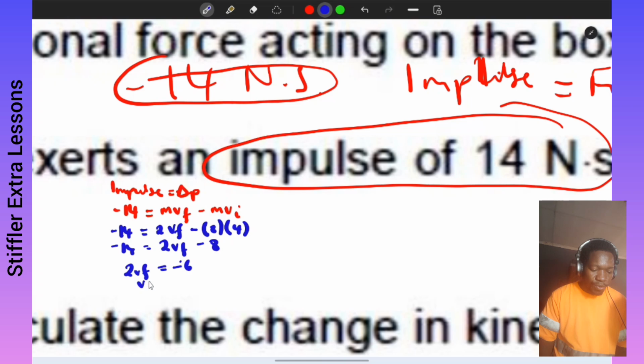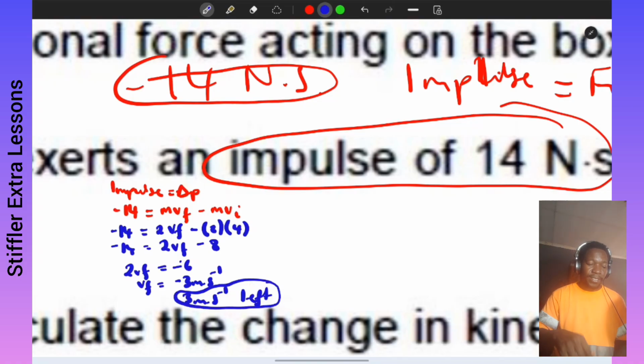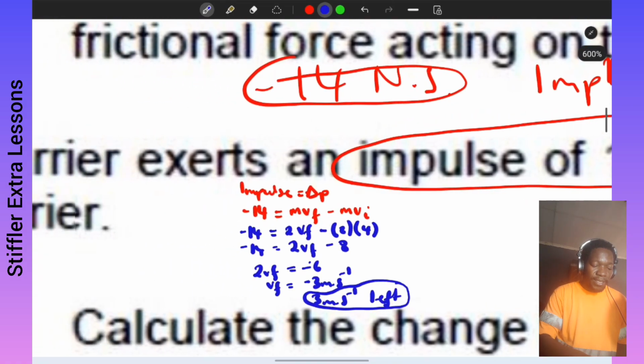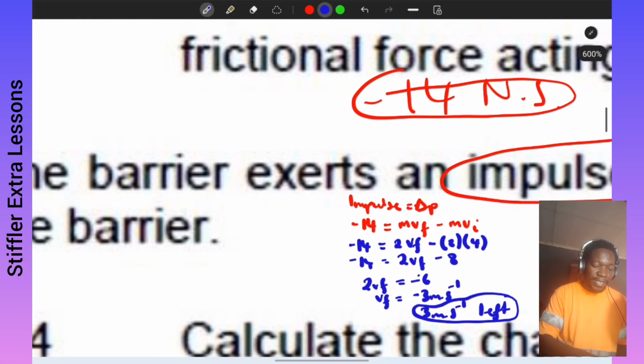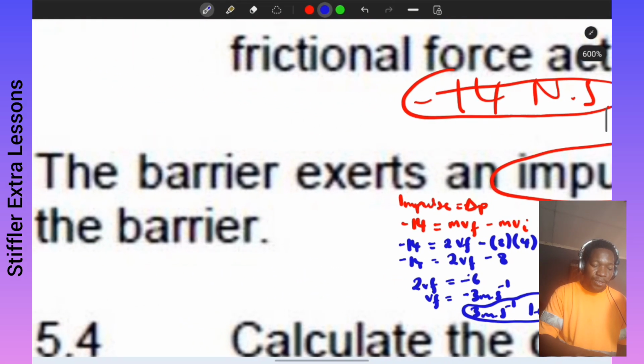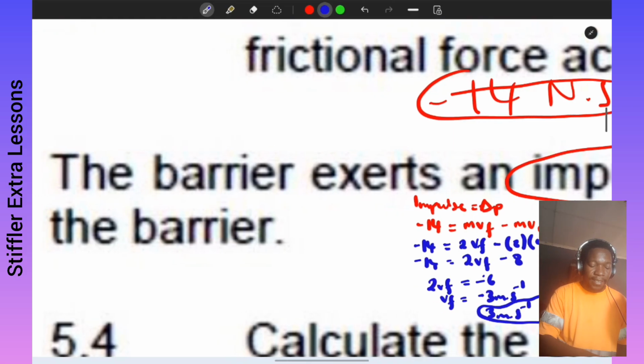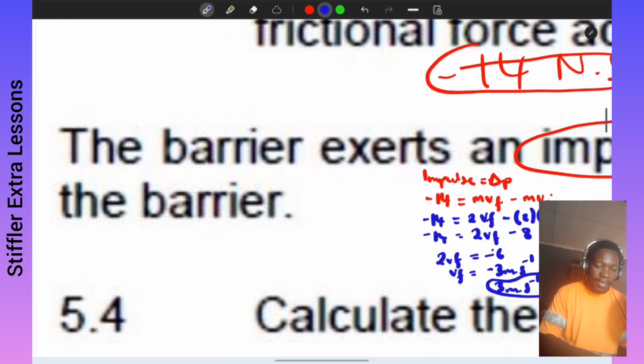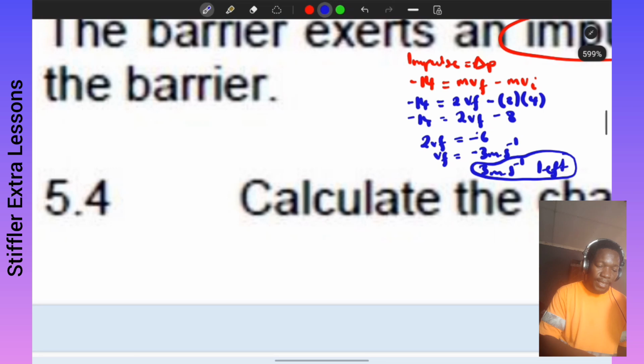Dividing by 2, our VF becomes negative 3 meters per second, which simply means 3 meters per second to the left. Whenever you are dealing with mechanical questions, always make sure you are taking good care of the direction. When you're dealing with Newton's laws, vertical projectile, momentum, and work, energy and power, direction is very, very important.